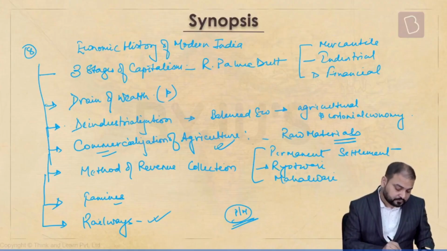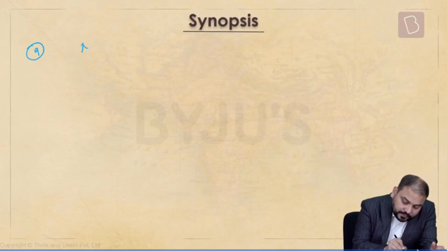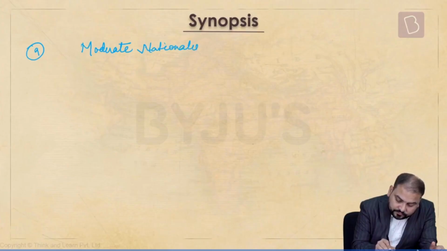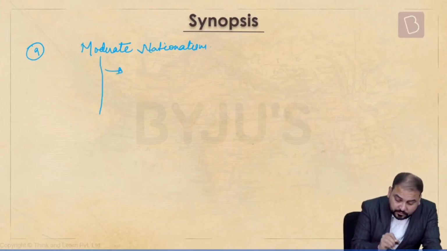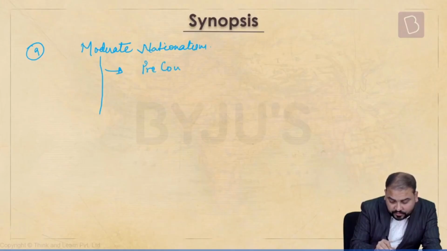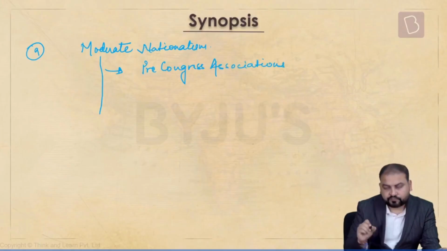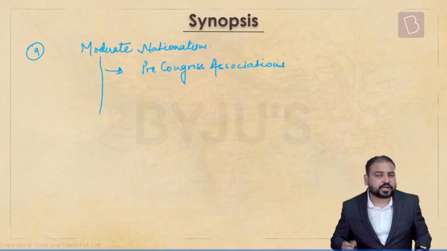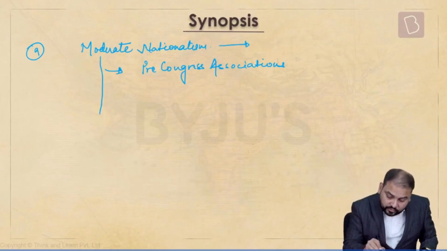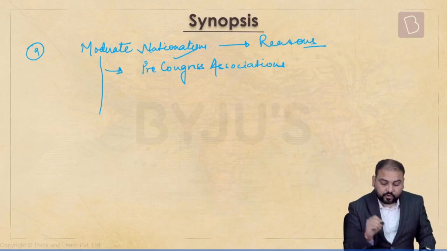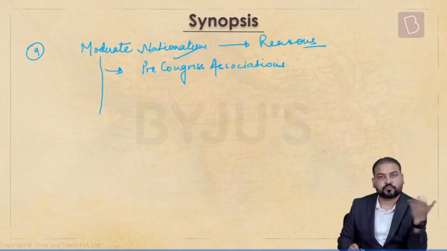Now, moving ahead of this, we shall see that in India, there will be a growth of moderate nationalism. And here, we shall see that before Congress, there were certain pre-Congress associations like Madras Mahajan Sabha, Bang Bhasha Prakashika Sabha. These associations used to be there. Of course, we will look into the reasons for the growth of moderate nationalism in our country, like railways.